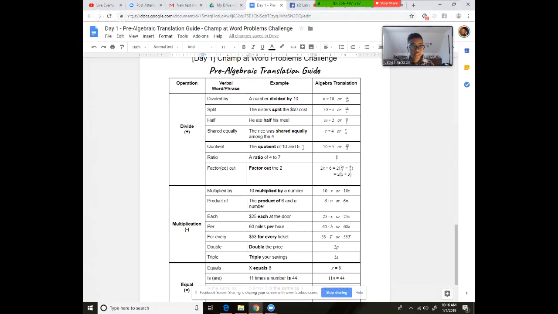They split the cost. That means that we took the $50 and divided it into four sisters. That way, not one of them is paying the whole thing, but they're paying a smaller amount.